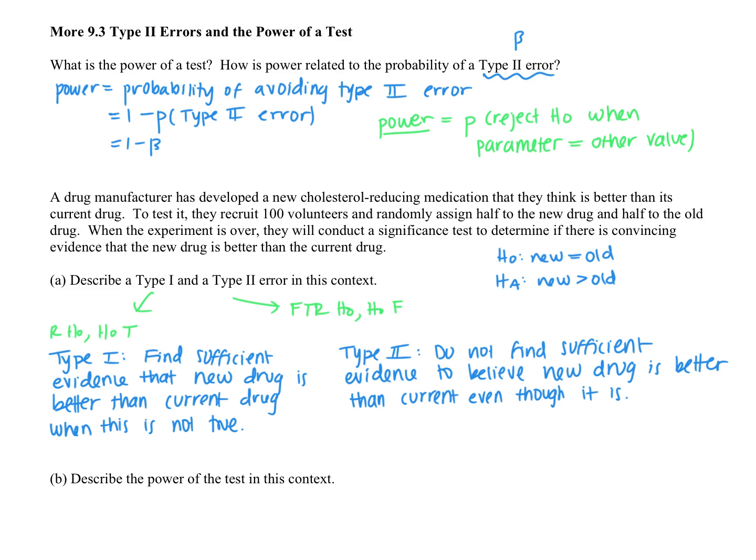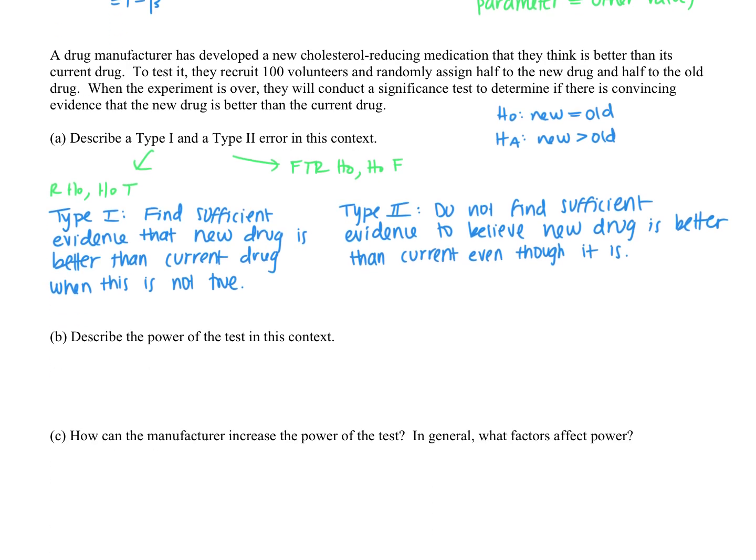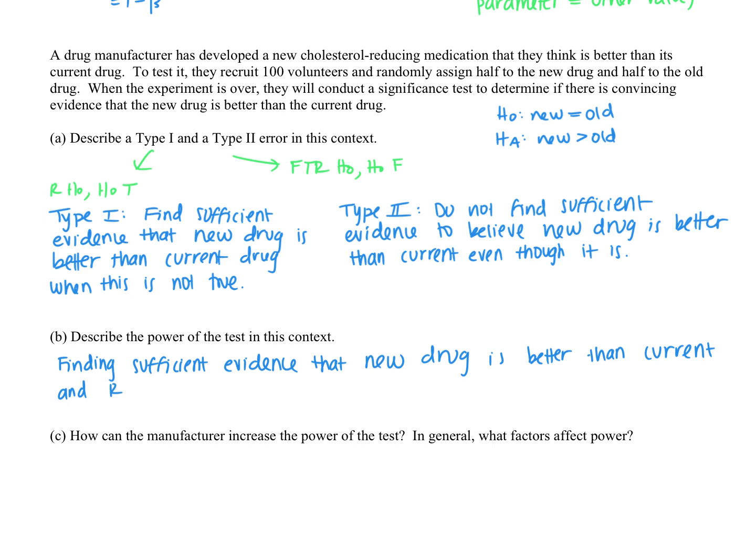So if we want to describe the power of the test in this context, it would be finding sufficient evidence that the new drug is better than the current. So we find sufficient evidence that the new drug is better than the current, and we reject the null. That is the power of the test.